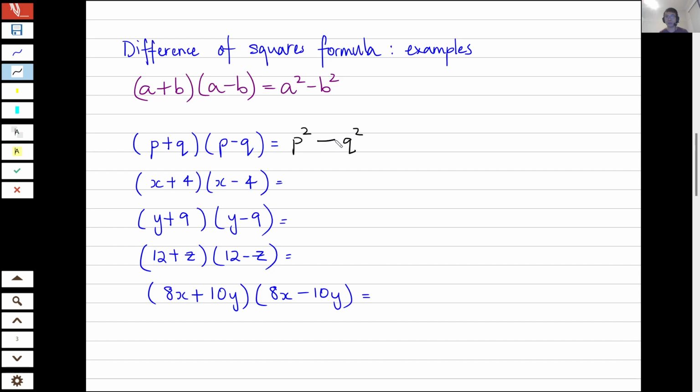And I'm taking the difference. So all I've done here is I have replaced p with a and q with b.